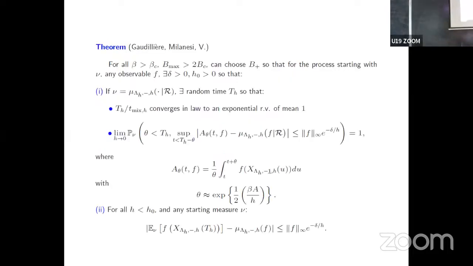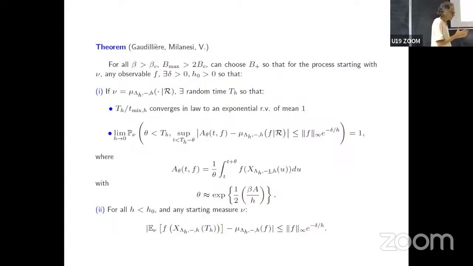Okay, and then what we can prove is a theorem along the lines I mentioned before for this process. If we take beta larger than beta critical, that means subcritical temperature, and the size is large enough but fixed, and we start with a measure with the negative magnetization on this side of the hysteresis loop, then the time to overcome the barrier, normalized properly, goes to an exponential random variable.